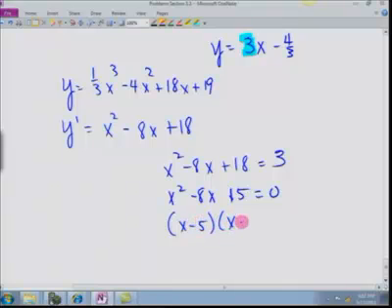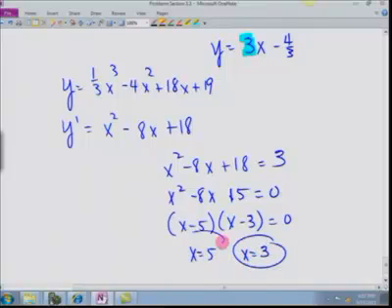Yeah. It's convenient. Are we done with this problem? No, we have found two parts of 2 points. We found the x values. How do we find the y values?